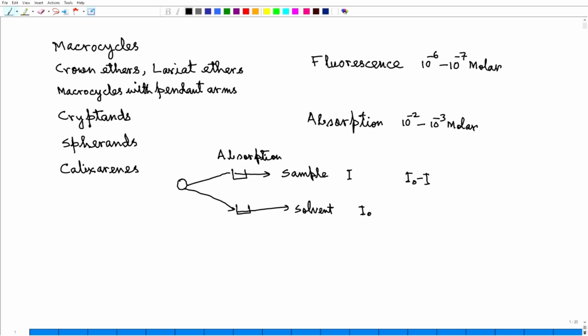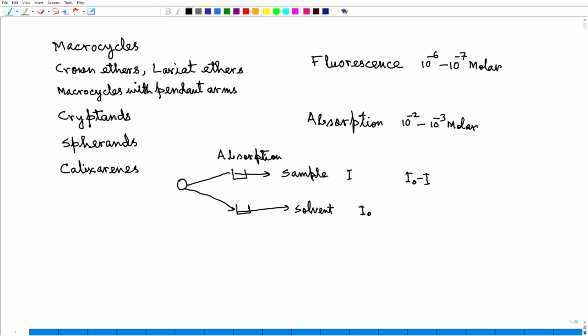What we are measuring is 100 minus 90, that is 10. So, absorption spectroscopy is not that sensitive, because we are measuring the difference of two intense radiations as a function of wavelength. Here we are measuring the difference I0 minus I, which gives us what has been absorbed by the sample.